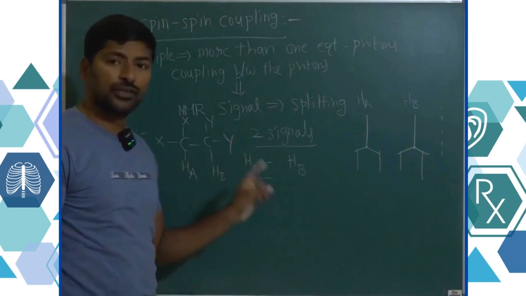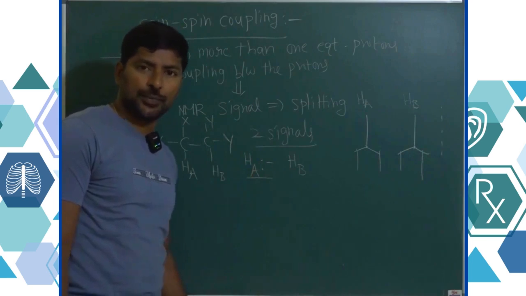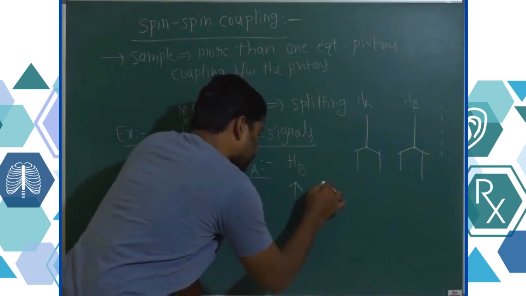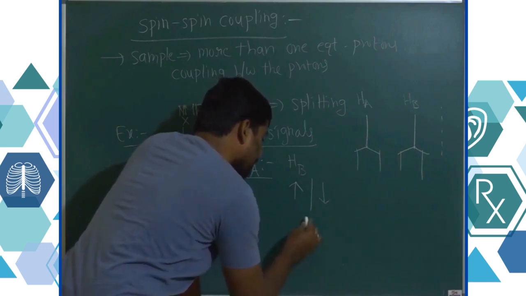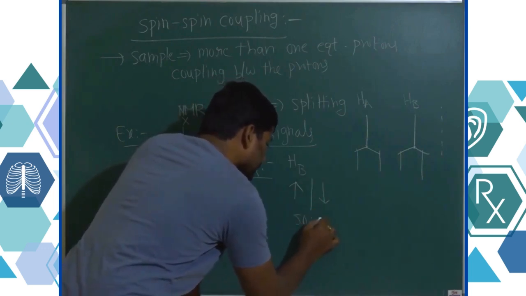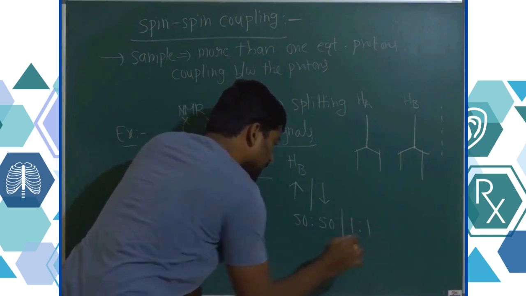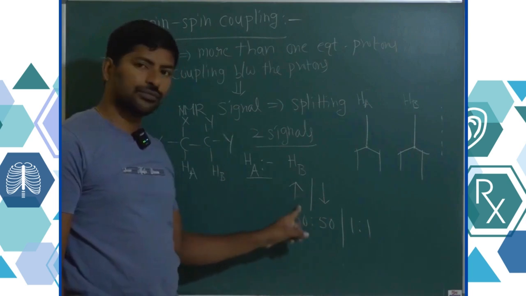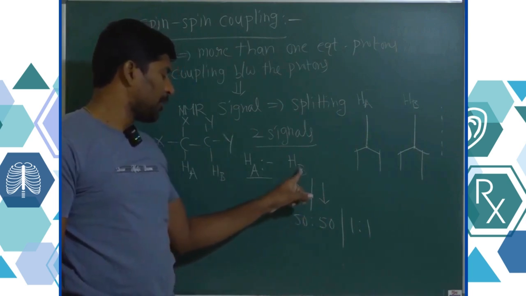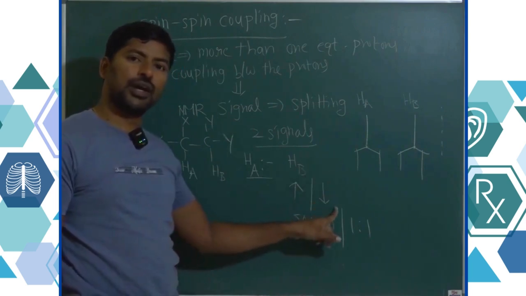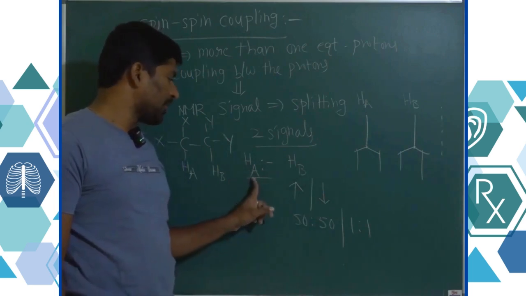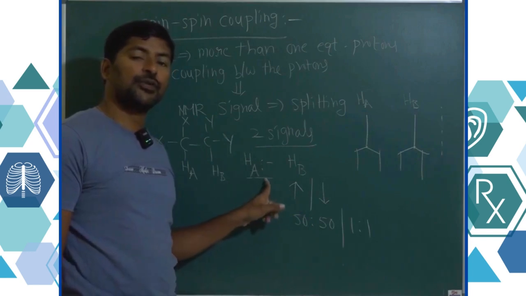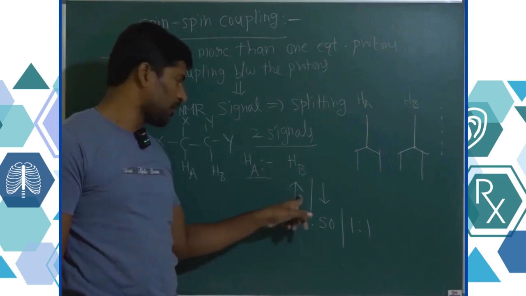How does HA experience two different magnetic fields from HB? For the HB proton, two possible orientations exist, upward or downward, with 50-50% probability, or 1:1. If HA interacts with the upward orientation, its effective magnetic field increases, so its Larmor frequency increases.